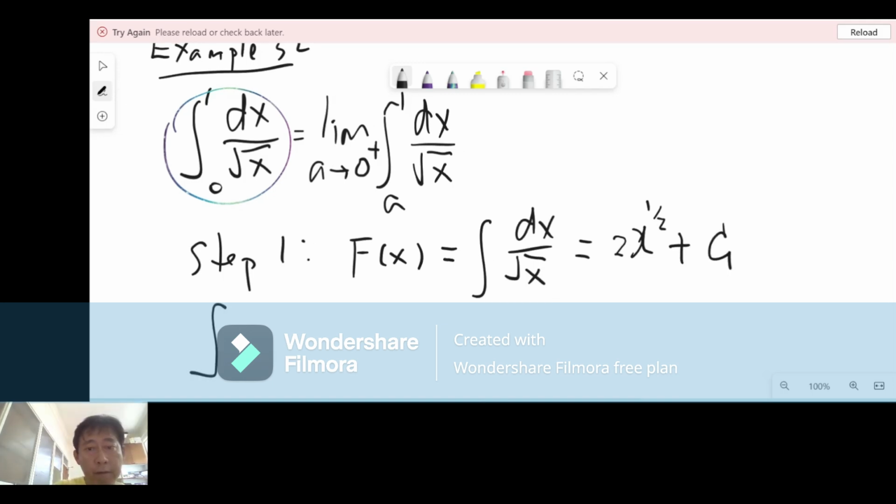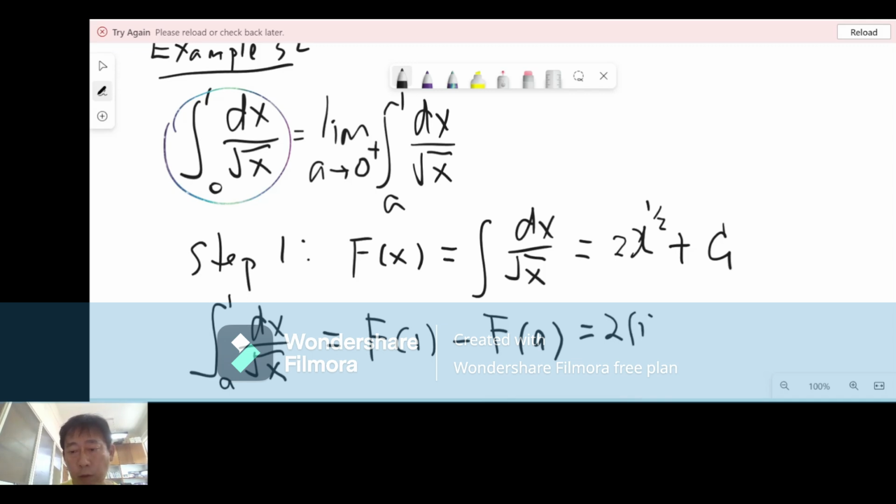In the notation of the capital function F(x), the proper integral from a to 1 can then be expressed as F evaluated at 1 minus F evaluated at a. That is 2 multiplied by 1 raised to the power of half, replacing x with 1 in this expression, minus F of a, which is 2 times the square root of a, replacing x in this expression. That will give me 2 minus 2 square root of a.